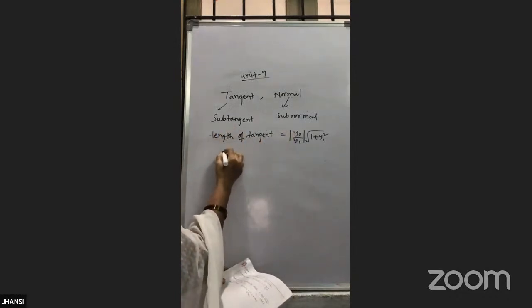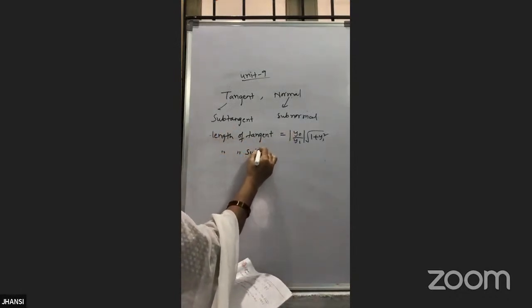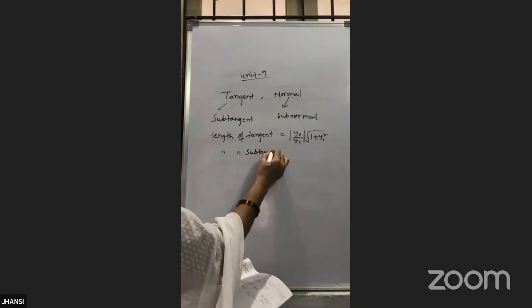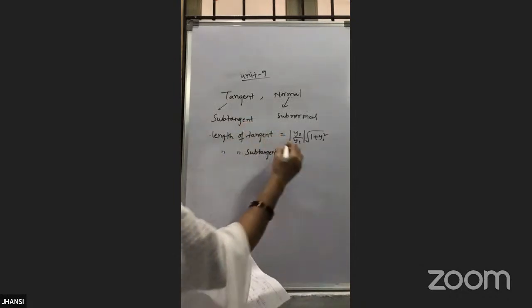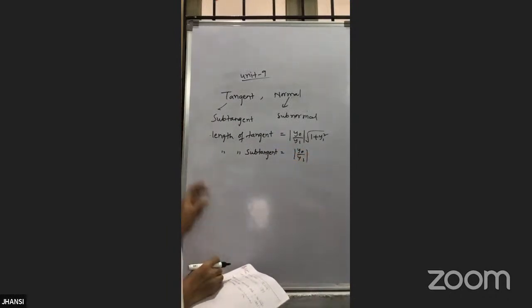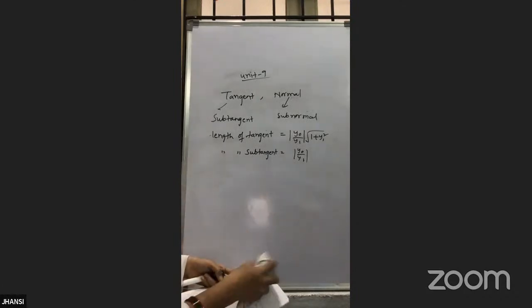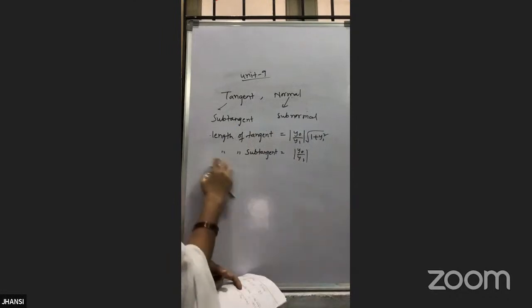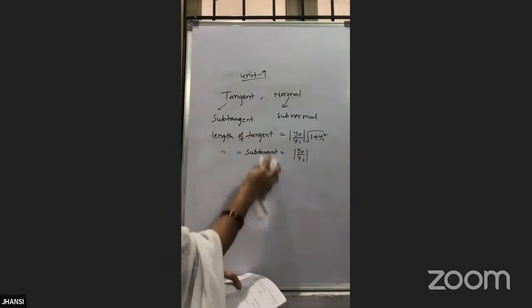Now next, length of subtangent. The length of subtangent is y0 by y1. You have to remember these formulas. If you remember this, you can do the problems, and also the objective type. This is the length of tangent and length of subtangent.